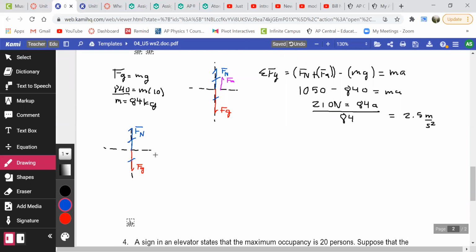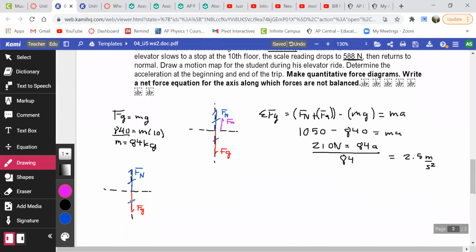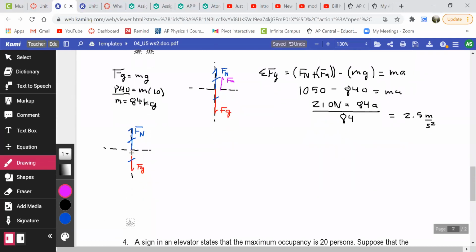Now, we look at the fact that you were not moving, and then suddenly you started to move downwards. So your velocity went from 0 to a negative value. That means you have a negative acceleration and thus are accelerating in the downward direction. That means the force is downward.